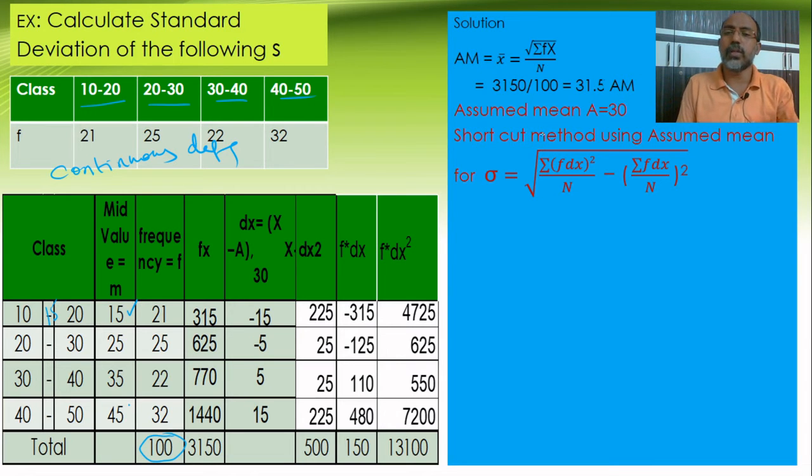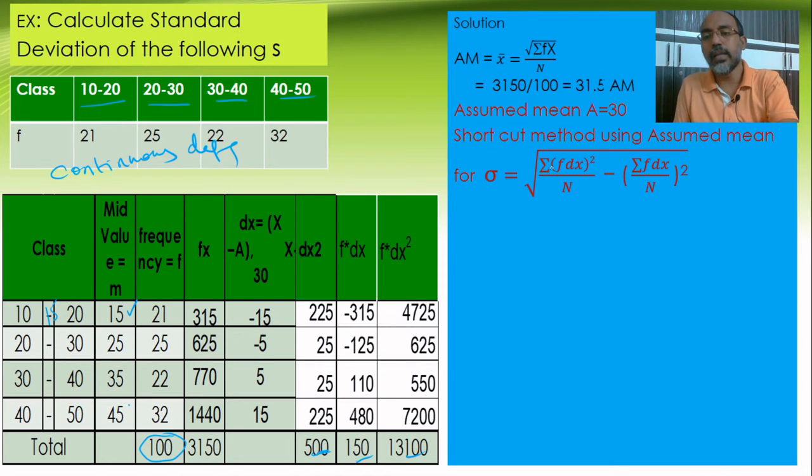According to the shortcut method, this is the formula. Then find dx, then dx square, f dx square. So you got the totals here. One is 500, one is 150, one is 13,100, 30,100 like that.